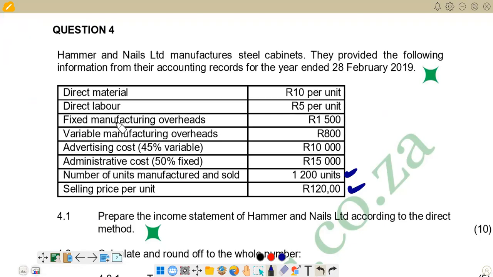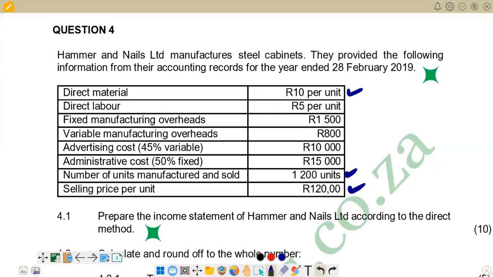If you look there, we have direct material. Direct material is a variable cost, and we are given the value per unit, and we know that we have 1,200 units. So to get the total direct material, we take 1,200 and multiply by the 10 per unit that we are given there.